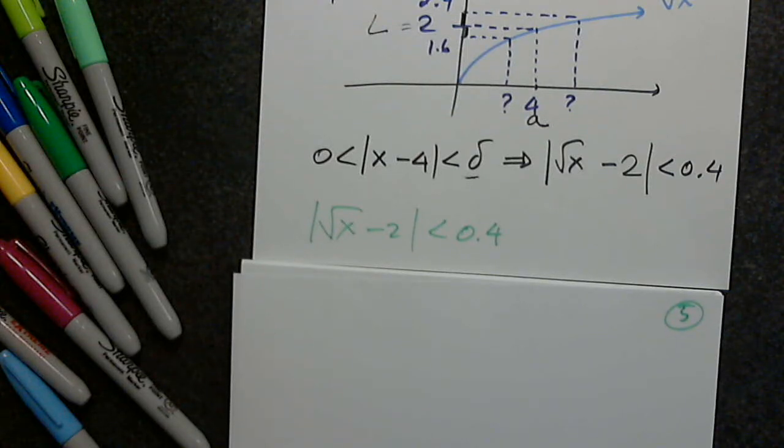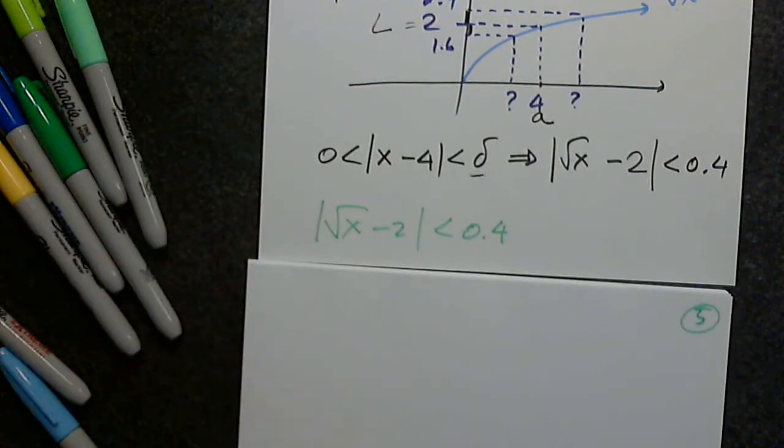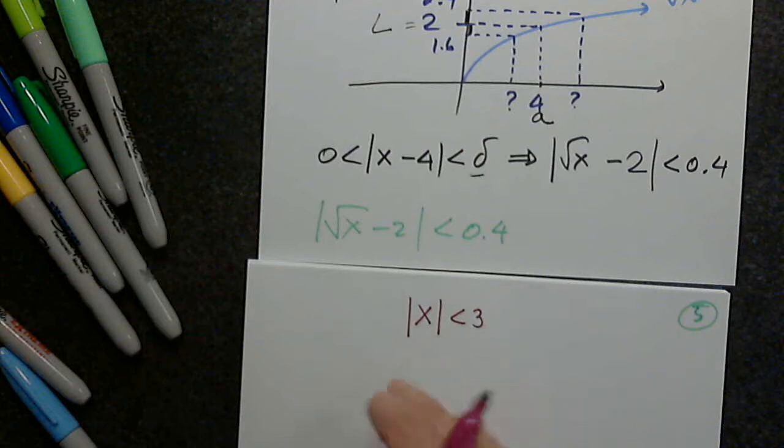Say it again. No. Very good idea, but there is no fraction here. And it's absolute value, so I have a difficulty with that. So let me refresh your memory. The absolute value of x less than 3. What does this mean?